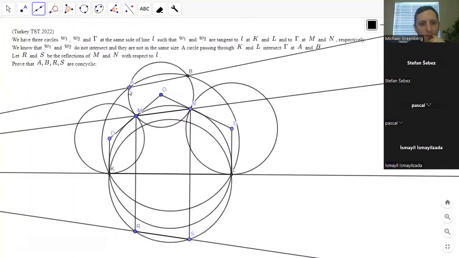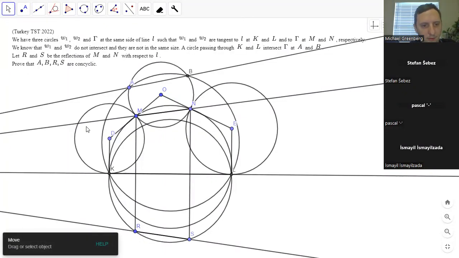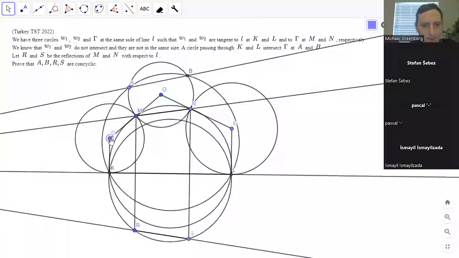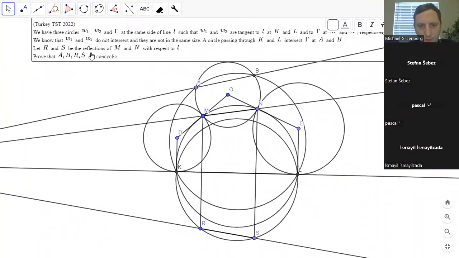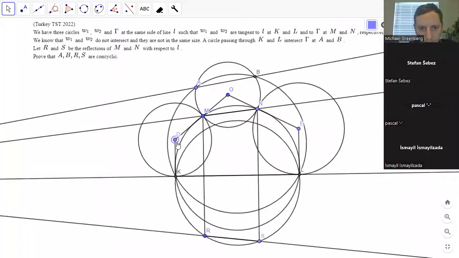And then it's just power of a point. So this is a pretty easy problem, just a little bit of angle chasing pretty much. At least I think this is correct.